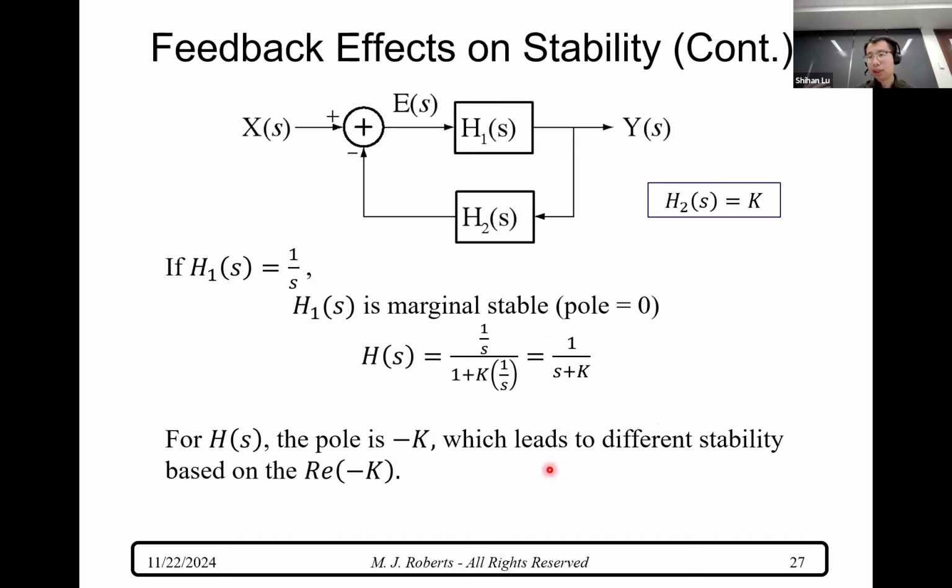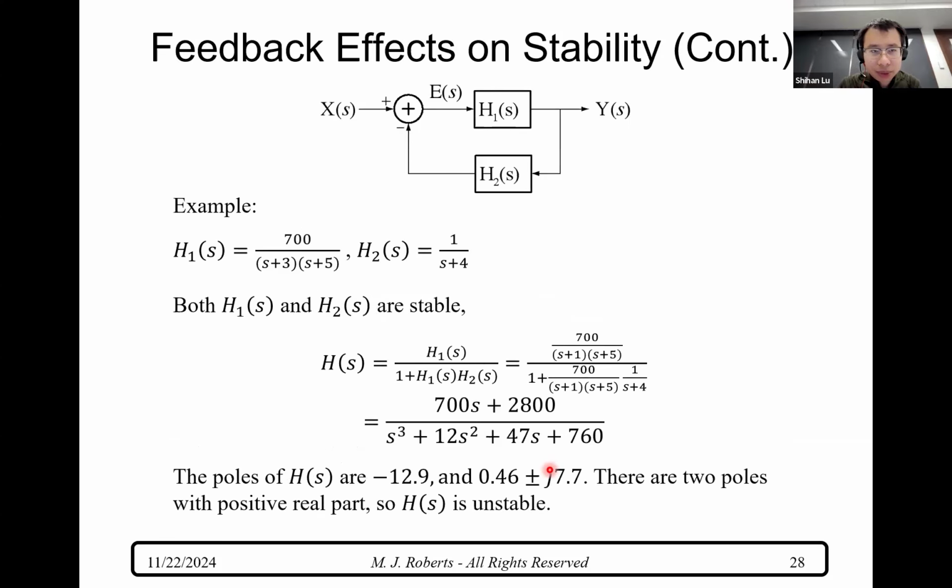If k has a positive real component, the system will be stable, and if k has a negative real component, unstable. If k is 0 and has no repeated poles with zero real component, it's going to be marginally stable. So the feedback could change the stability of systems in completely different ways.